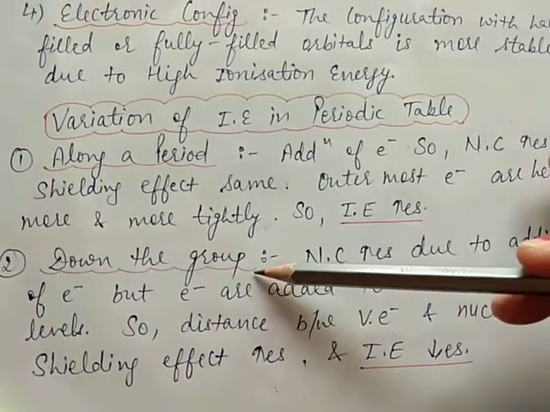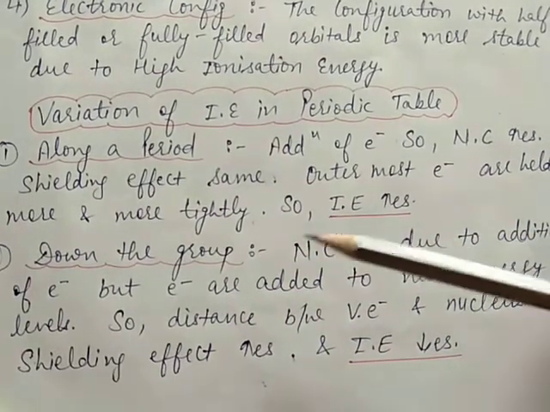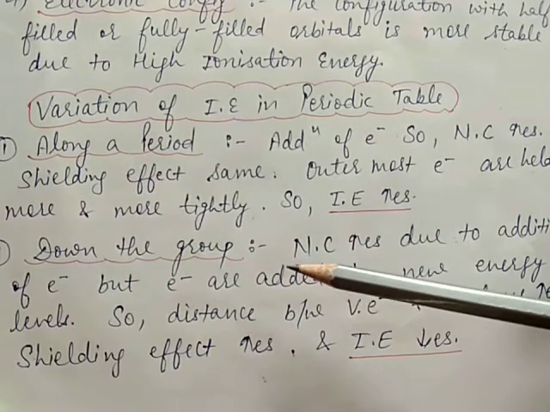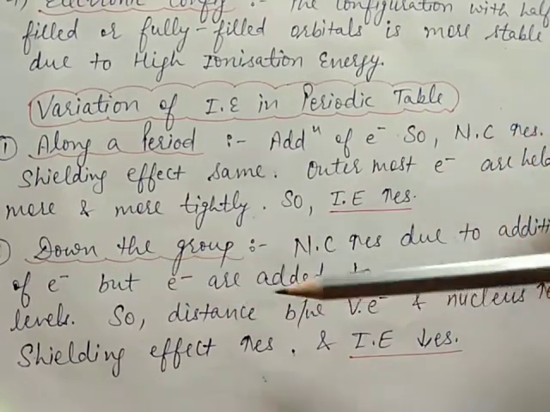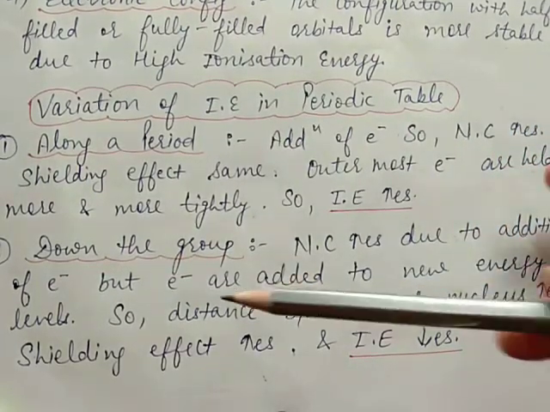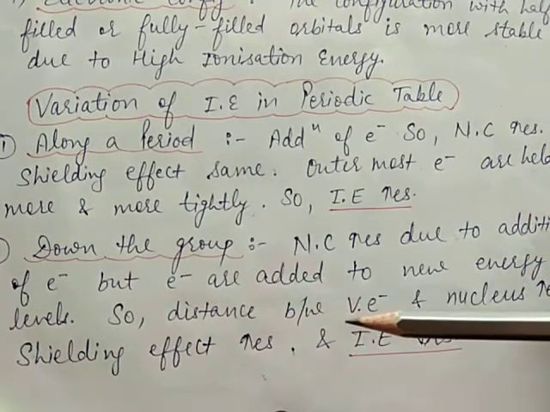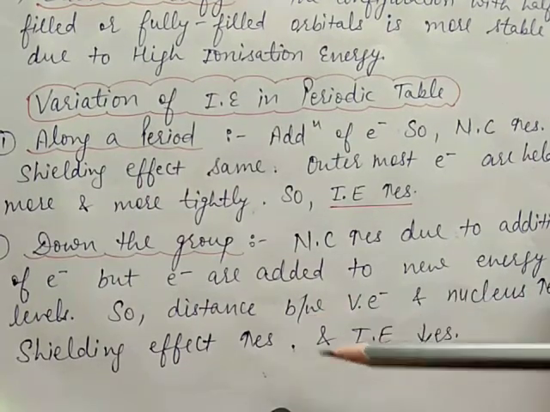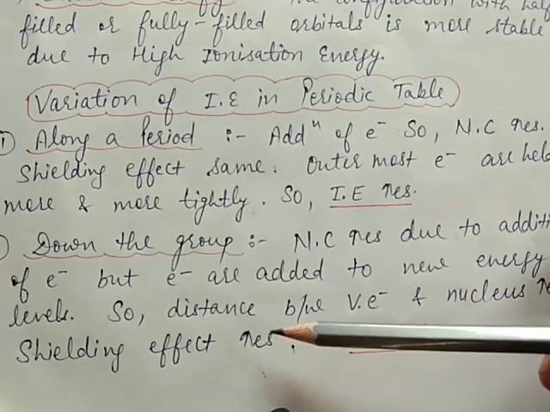Now second is down the group. On moving down the group, ionization enthalpy decreases because nuclear charge increases due to the addition of electrons, but the electrons are added to a new energy level. So the distance between the valence electrons and the nucleus increases, and the screening effect on the outermost electrons also increases due to the increase in the number of inner electrons.